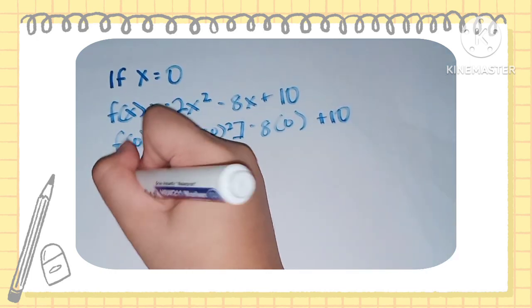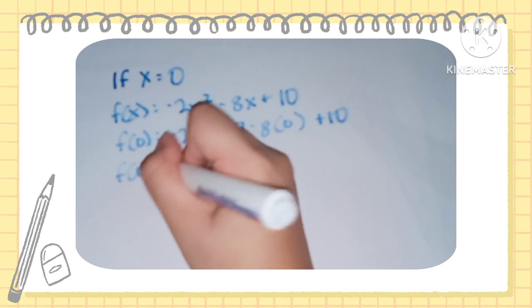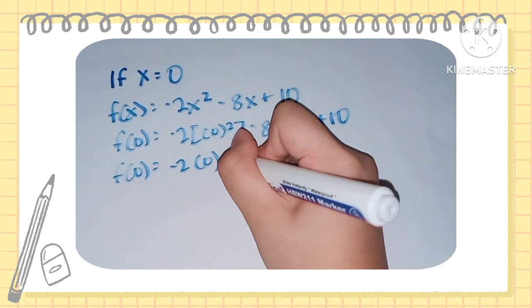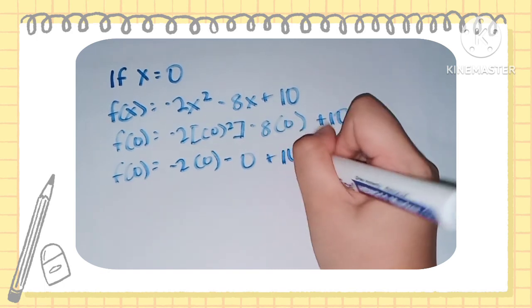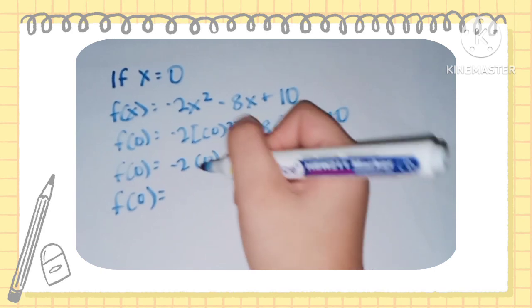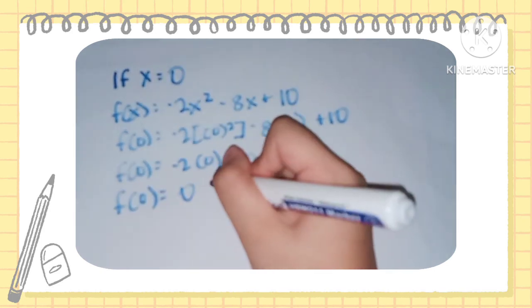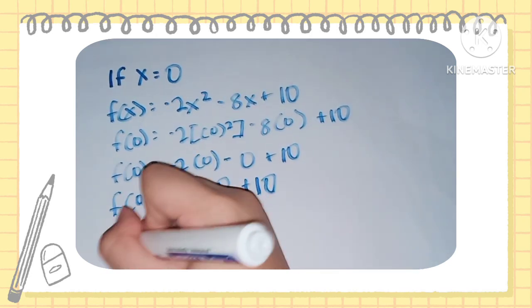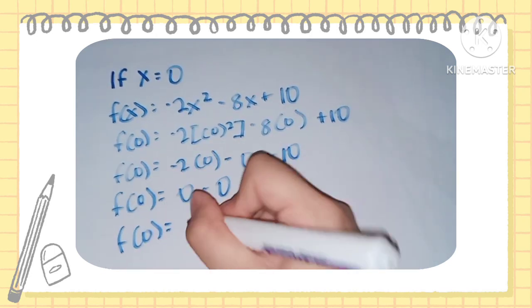Now, f of 0 is equal to negative 2 times 0 minus 0 plus 10. Now, negative 2 times 0 is equal to 0, minus 0 plus 10. f of 0 is now 10.